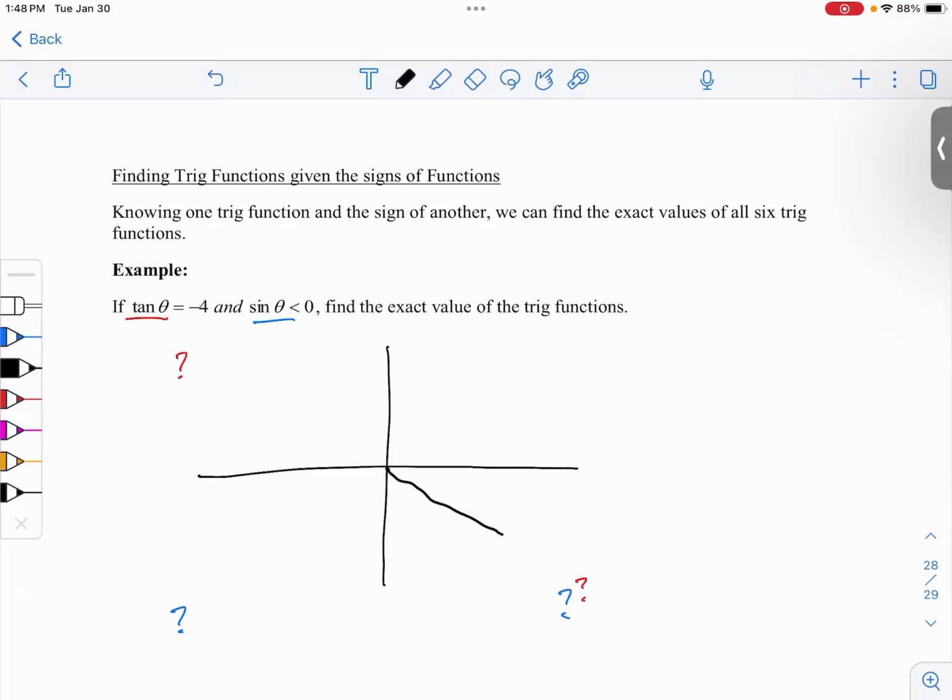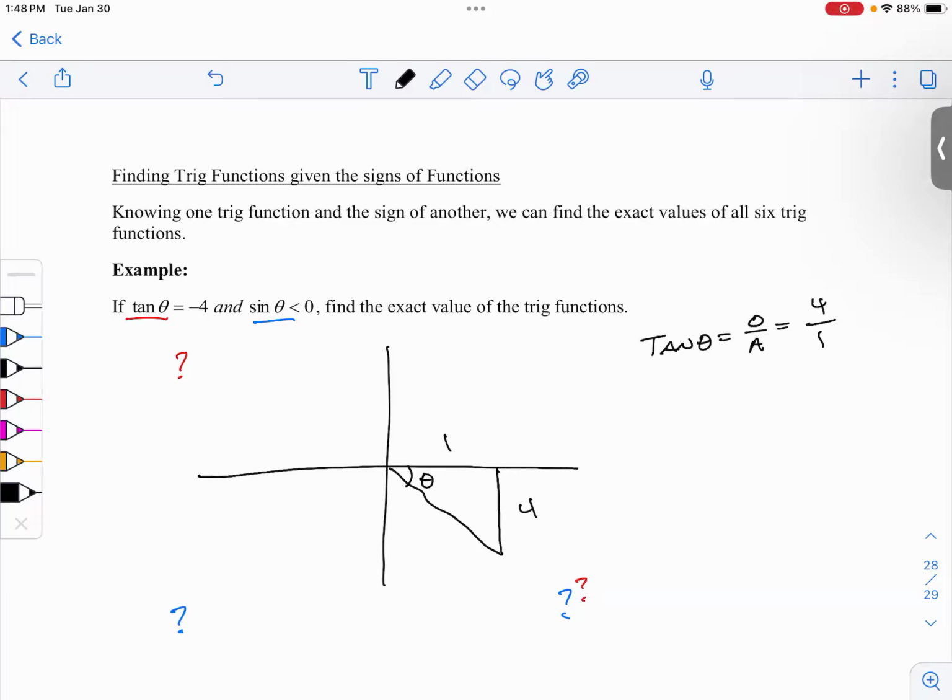So from here, I can draw a triangle. Tangent is then opposite over adjacent. Okay, now I just wrote the values. Tangent equals opposite over adjacent, which is 4 over 1. I didn't include the sign because that sign could be in the numerator or the denominator.